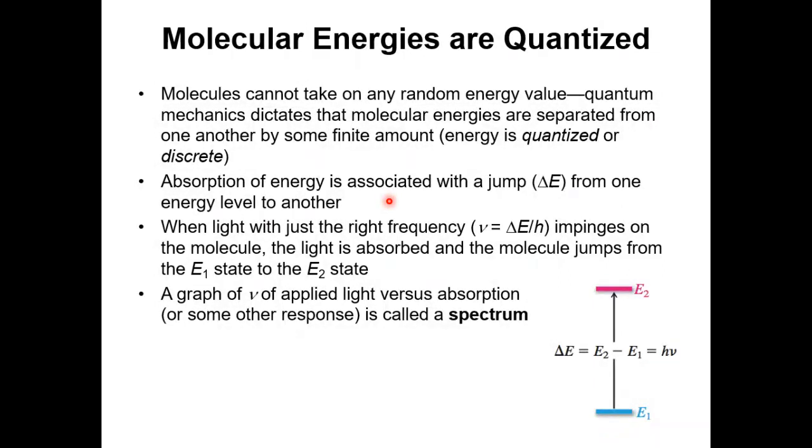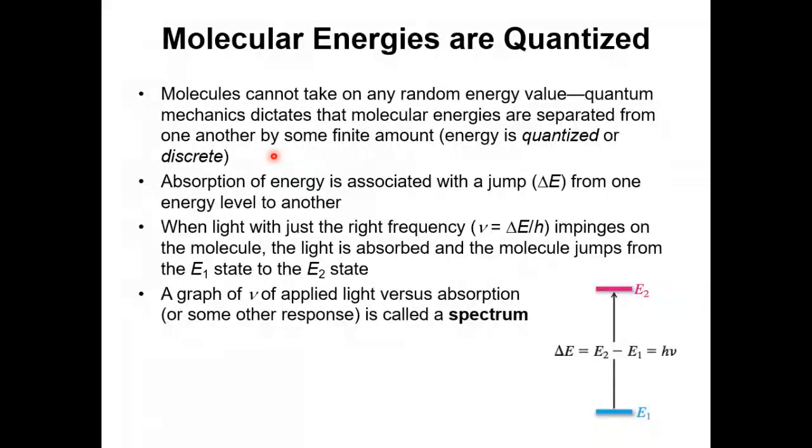Quantum mechanics dictates that the energy of a molecule must be in certain energy levels. They are separated from one another by some finite amount. So we say energy is quantized or discrete. Molecules can only take certain fixed energy levels.